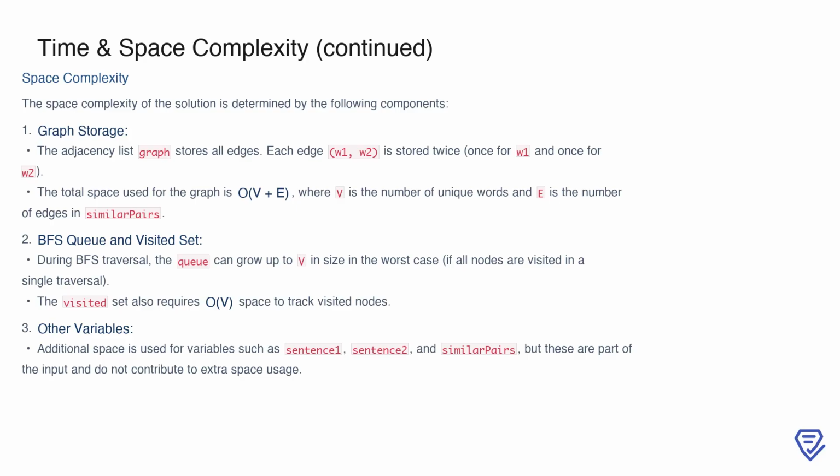In the worst case, the queue and the visited set can each grow to a size of V, contributing V space each. Finally, other variables such as the input lists sentence 1, sentence 2, and similar pairs do not contribute to extra space usage, as they are part of the input itself. Combining these factors, the overall space complexity is dominated by the adjacency list and the BFS data structures, leading to a total of V plus E.